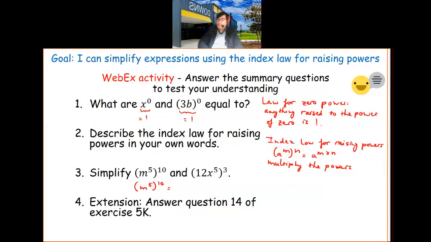So 30 seconds left. What we have to do here is have a look at the law, and at what we have to do with the powers. That's going to give you a hint on how to answer this question.